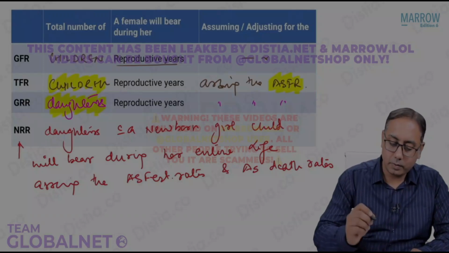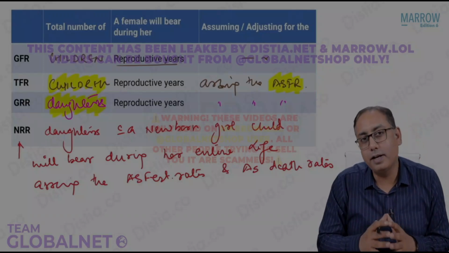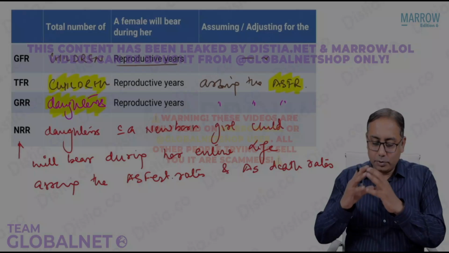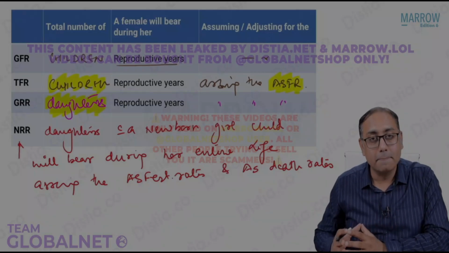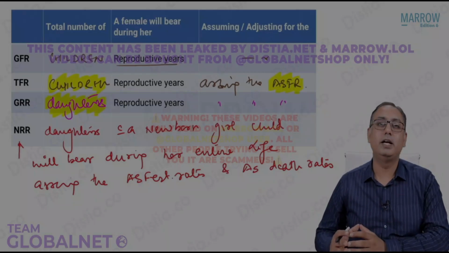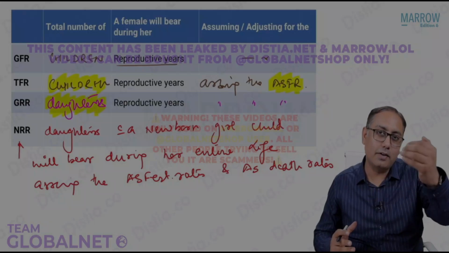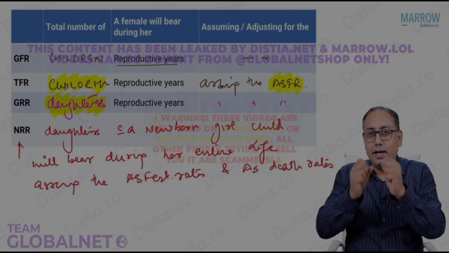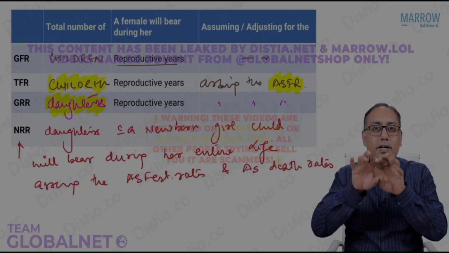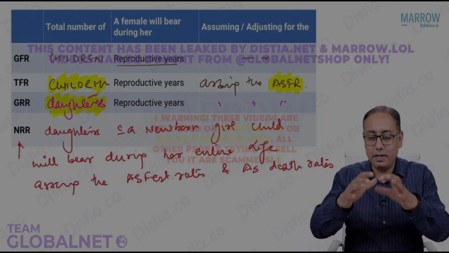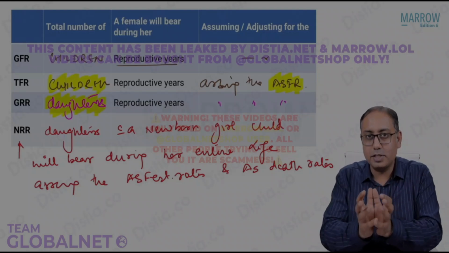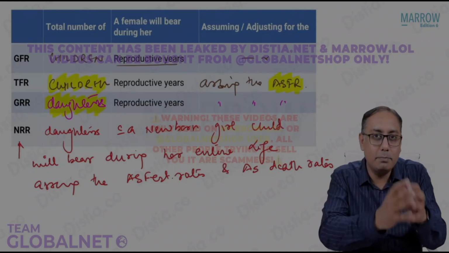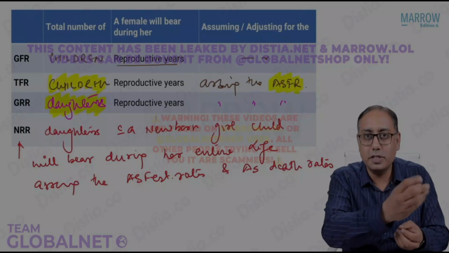So please mind, what's the hallmark of NRR? NRR is the total number of daughters which a newborn girl child will bear during her entire life. Why do we say a newborn girl child? See, NRR is the only indicator where deaths are accounted. For a newborn girl child, what are the chances of her having a baby right now? Common sense, zero chances.